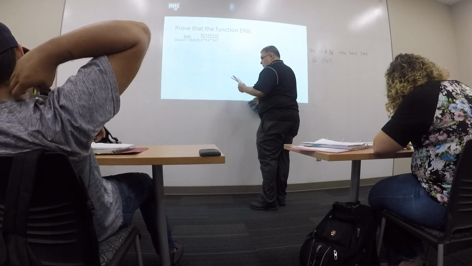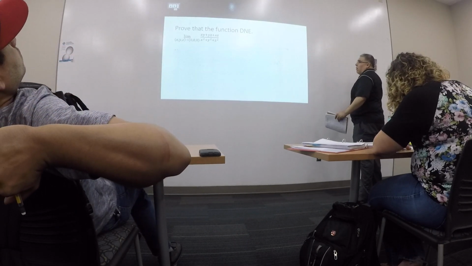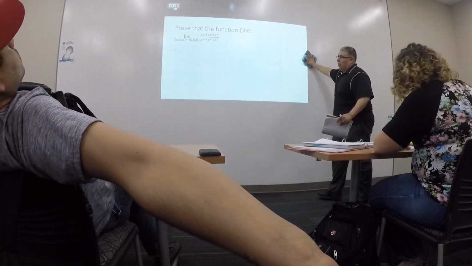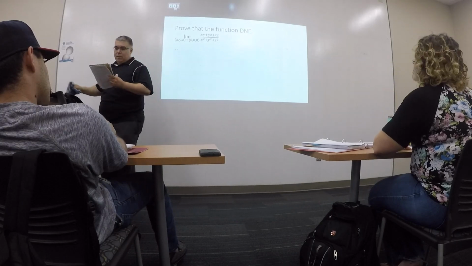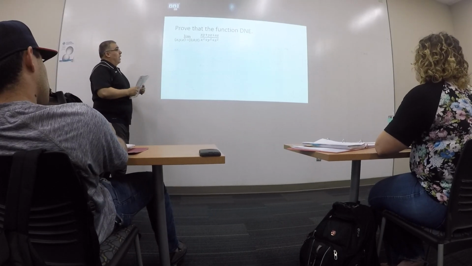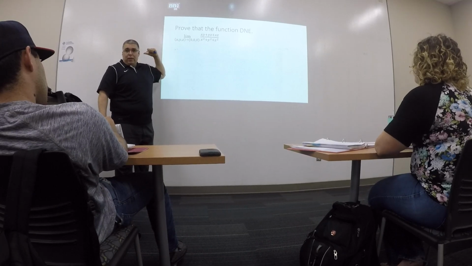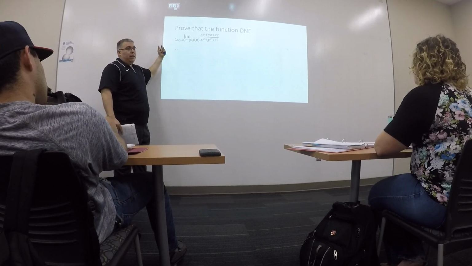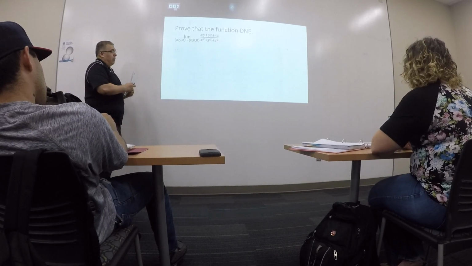Exactly. Okay. Look, what's the difference between the one we just did and this one? This is 3D versus 2D. You have a domain of 3D here and a domain of 2D over there. And so for 3D, this is what you do.